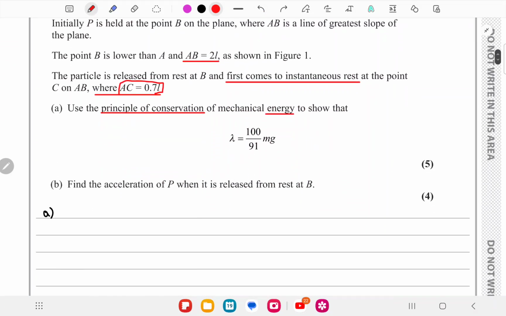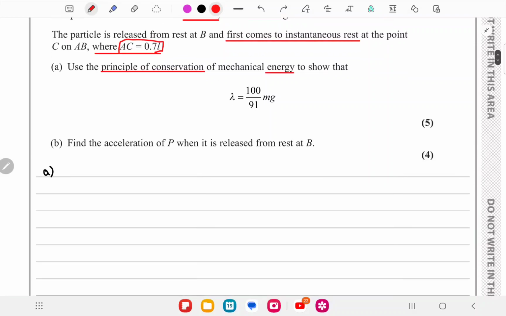In question 1a, we have to use the principle of conservation of mechanical energy to find the value of lambda. So we'll use the work energy principle. Energy loss plus work done by external forces equals energy gain plus work done against frictional forces. Here there's one energy loss, the EPE loss, the elastic potential energy loss.